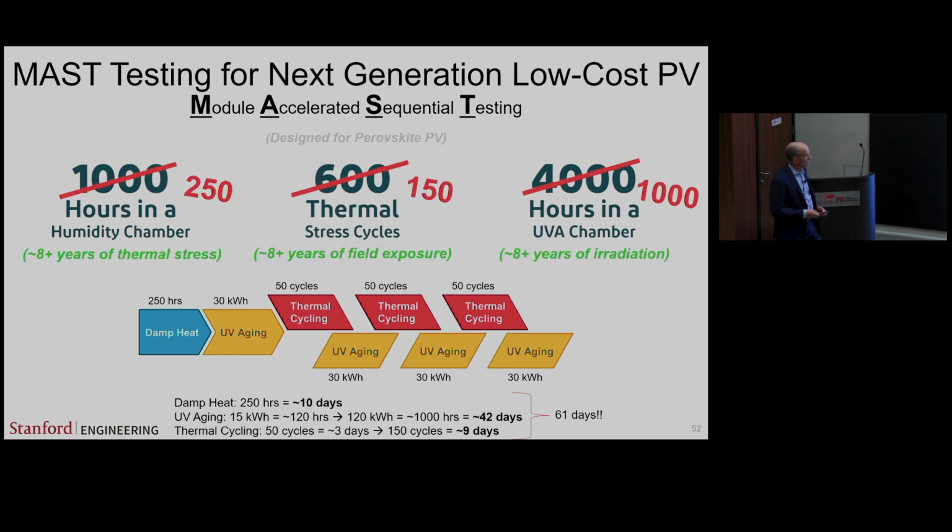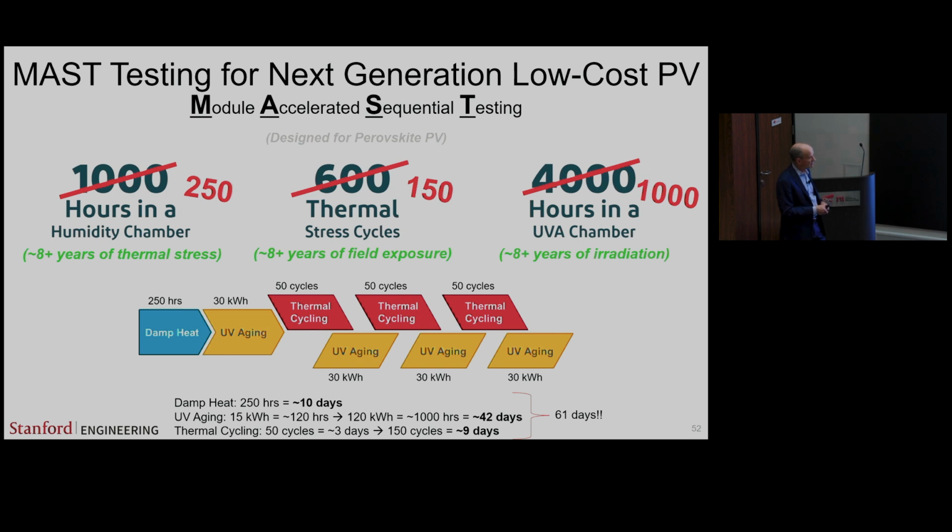So we've devised a curtailed version of MAST testing, essentially taking into account the stability required for the perovskite systems that we're building, and being more practical about how many cycles of thermal cycling, what type of UV aging, and for how long we need to do it.